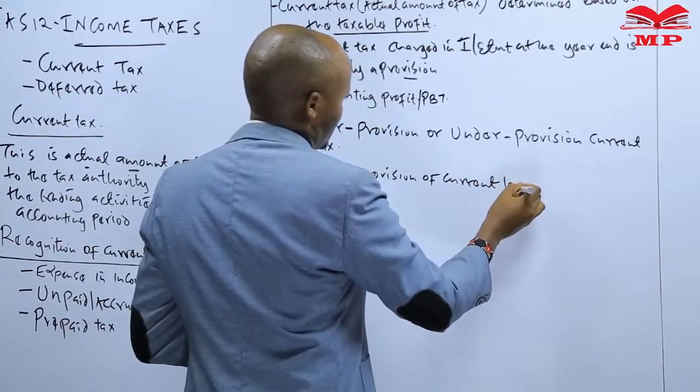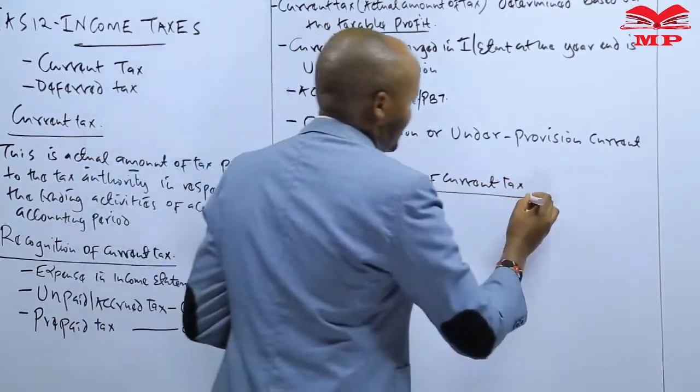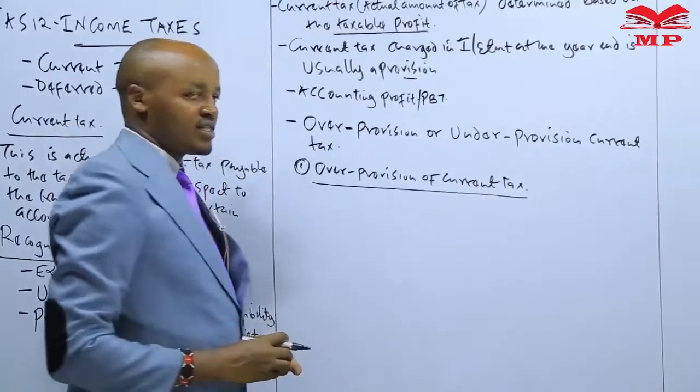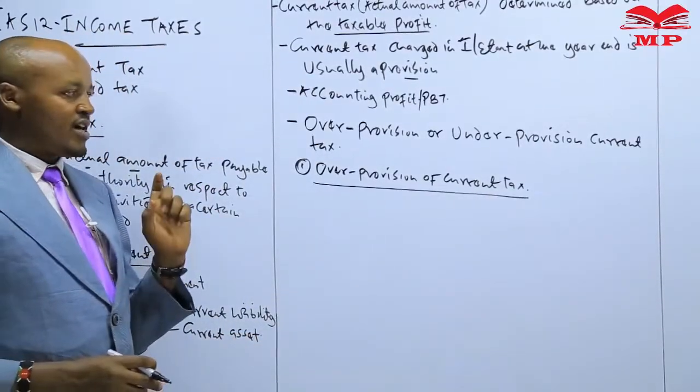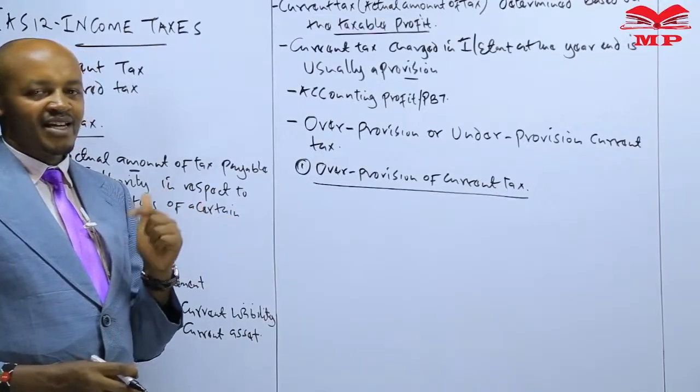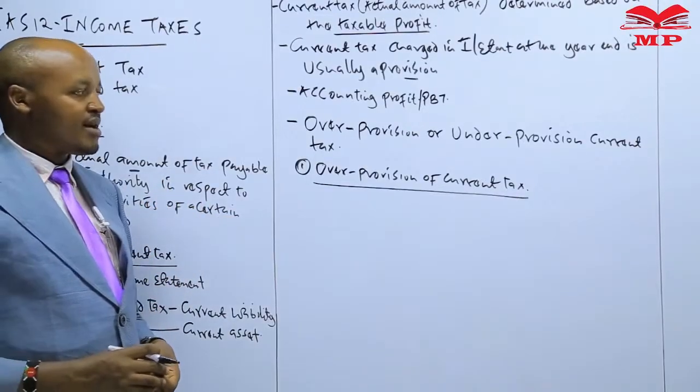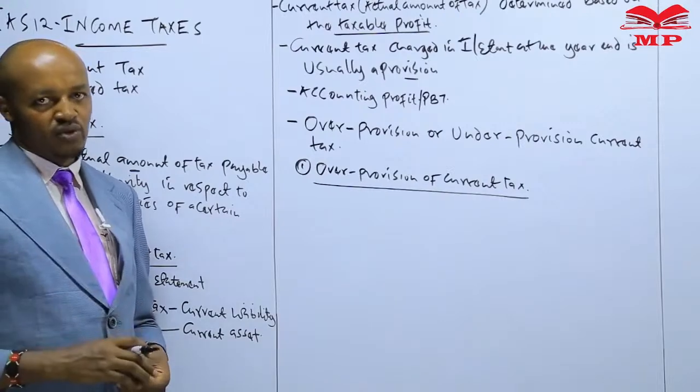Now, in this case, this will arise if the amount of current tax which was provided for at the end of the year is more than the amount of tax which was actually supposed to be paid.